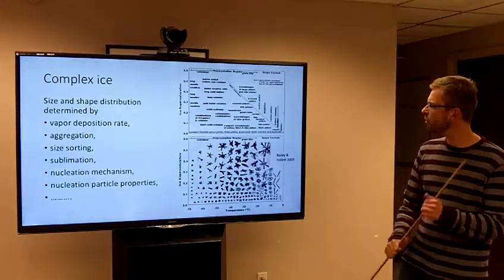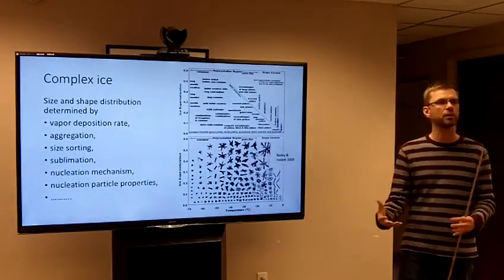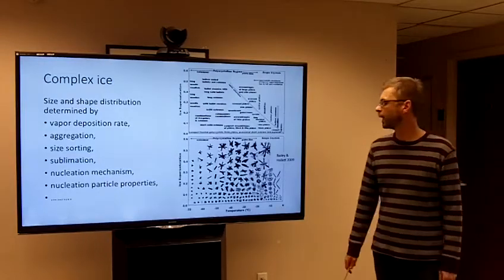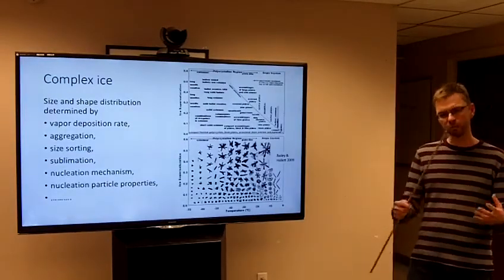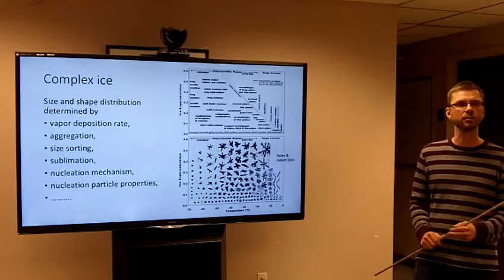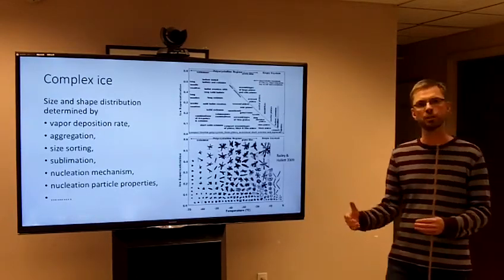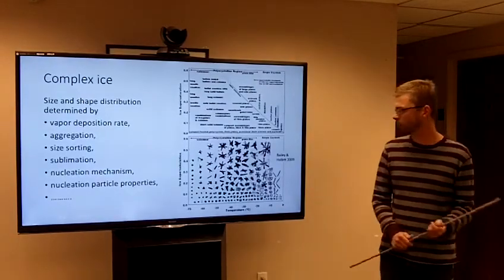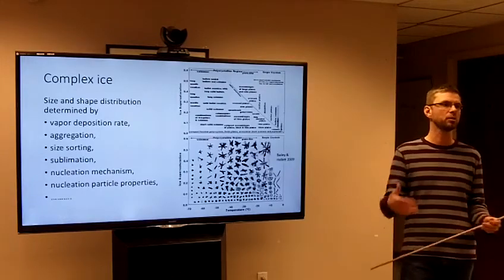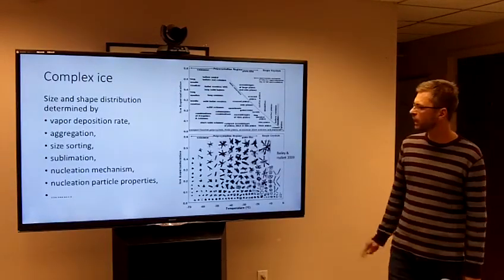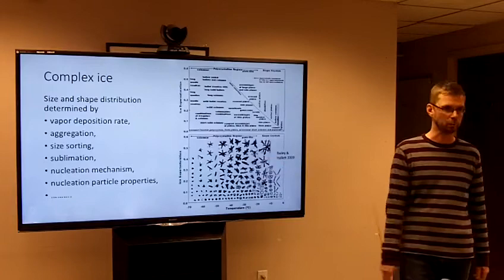We do know a little bit where this variability is coming from. Simply said, in the lab, if you grow ice crystals and you change the temperature where they grow and you change the relative humidity or the supersaturation over ice, then you get different shapes.